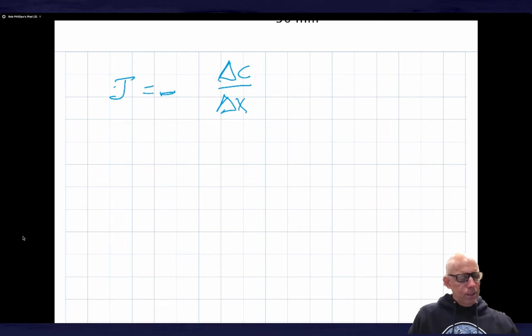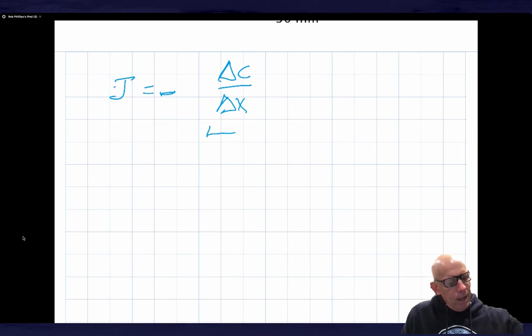And let's try to unpack this. So the first thing that I'm observing is that the flux should somehow be proportional to the gradient in the concentration. So it's interesting to think about what that actually means.